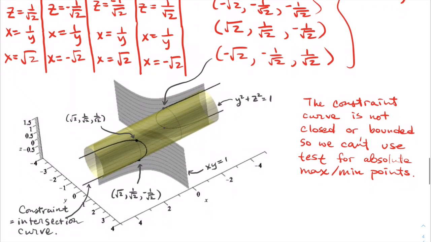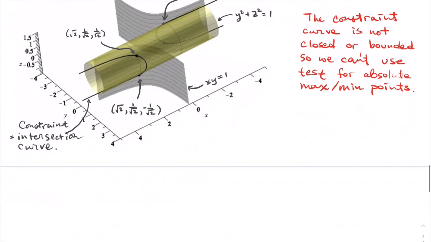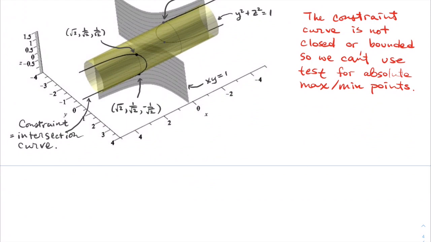If somebody asked me to do this, I would need to parameterize these curves. So remember the surfaces are xy equals 1 and y squared plus z squared equals 1.